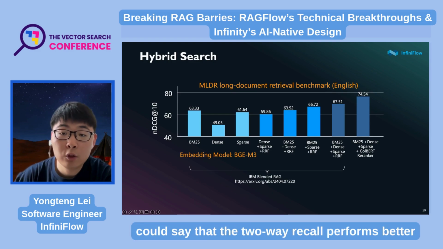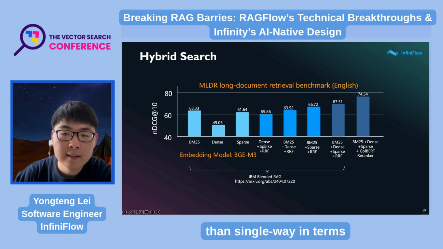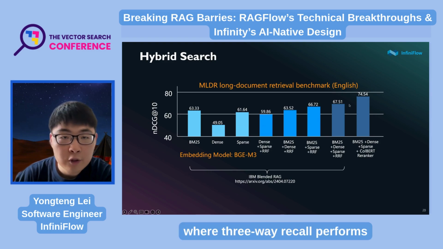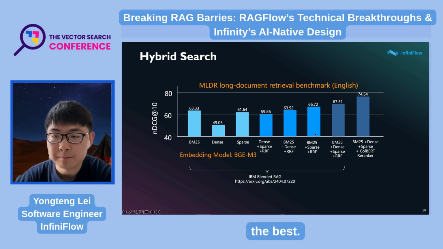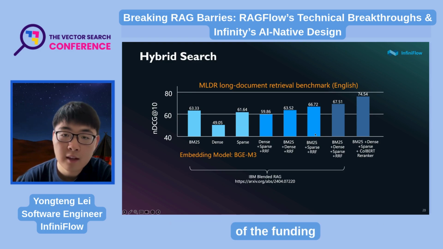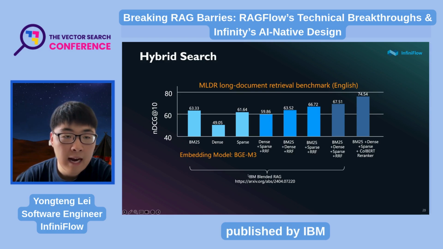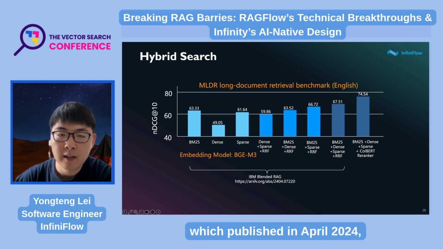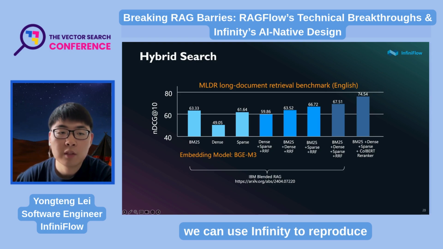We could say that the two-way recall performs better than single-way in terms of NDCG, where three-way recall here performs the best. This perfectly lines up with the findings published by IBM in Blended RAG, published in April 2024. We can use Infinity to reproduce their findings.